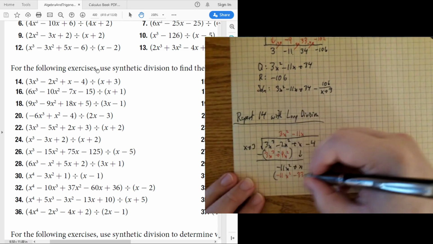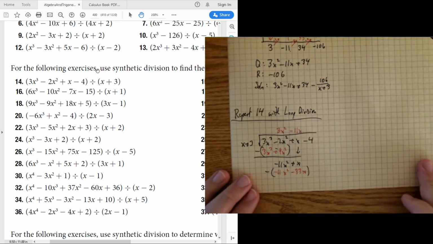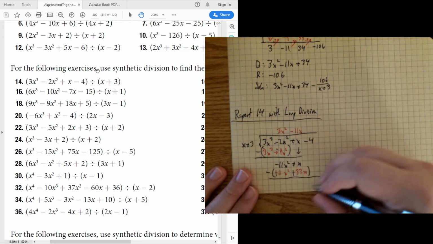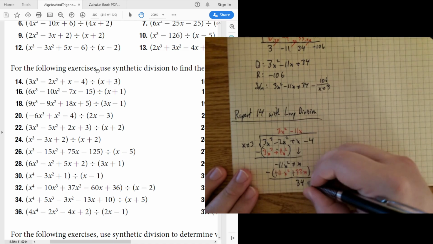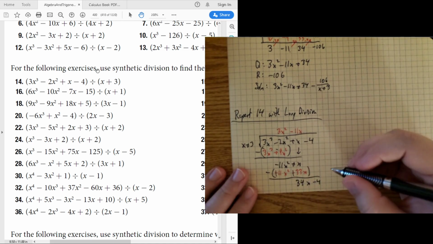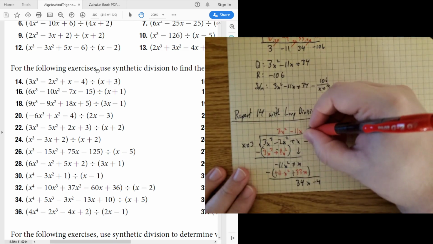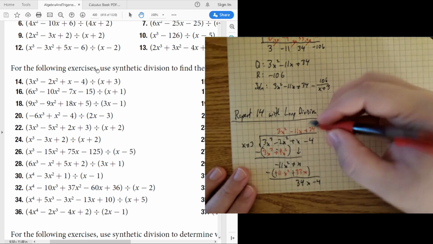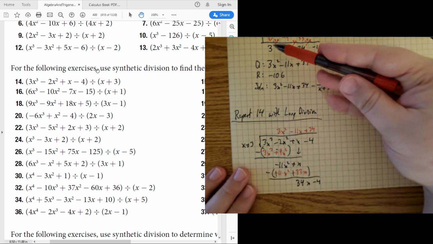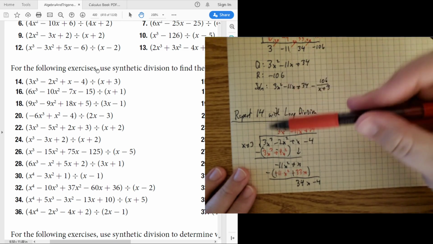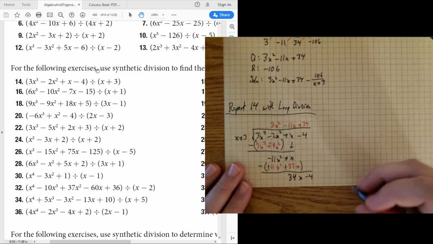I would then subtract the whole thing. So double negative, this would become positive 34x minus 4. And then, of course, we would use plus 34. So you notice right here, 3x squared, negative 11x, plus 34. Last thing is to make sure I get negative 106.